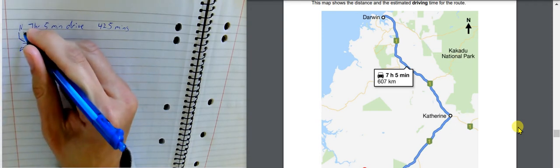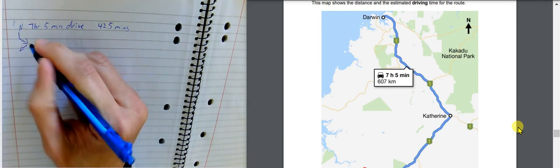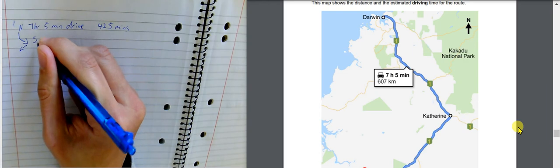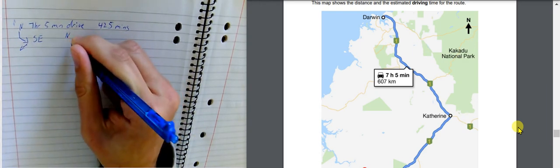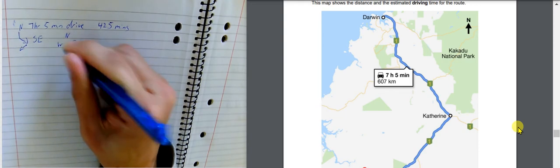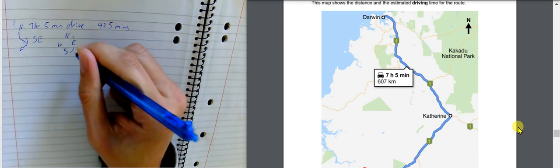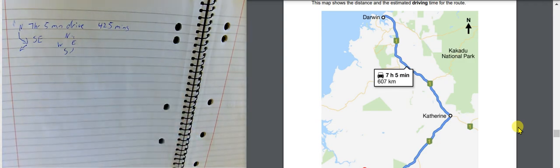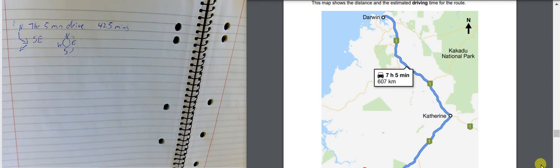Keeping in mind that north is going up, that means down to the right will be southeast, and that's just based on never eat soggy Weet-Bix. Hopefully a few of the Australian audience have heard of that one for our little compass.